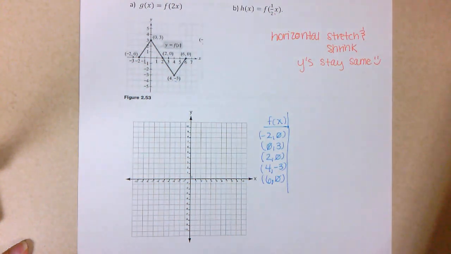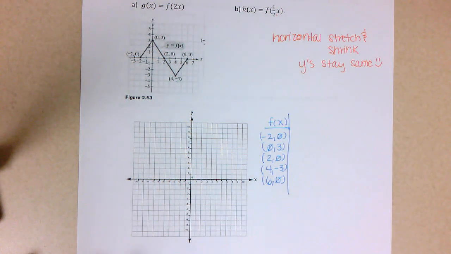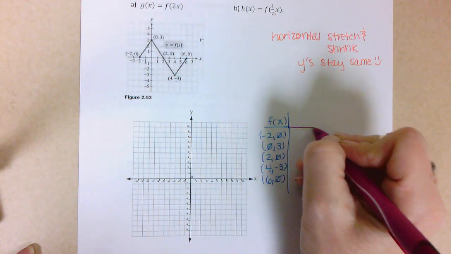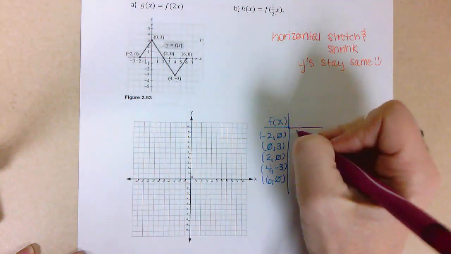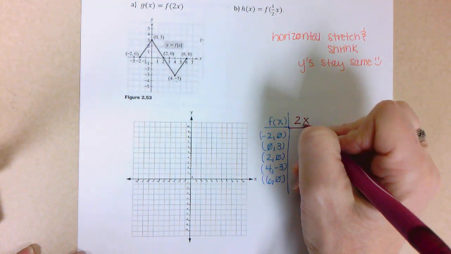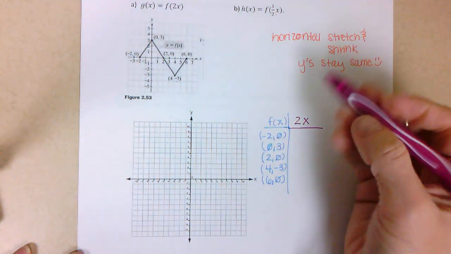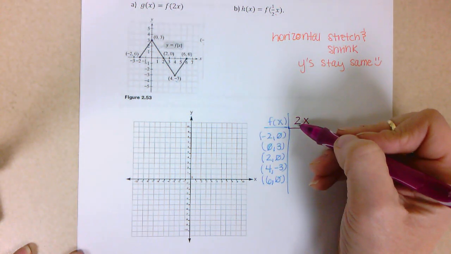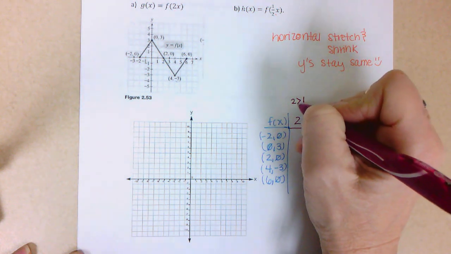Now, let's do our first transition, which is going to be f of 2 times x. So it's going to be 2x, right? But since it says 2, we know that 2 is greater than 1, so we know that's shrinking, right?